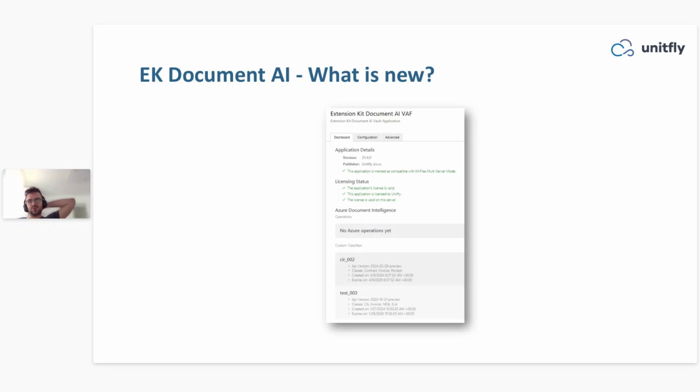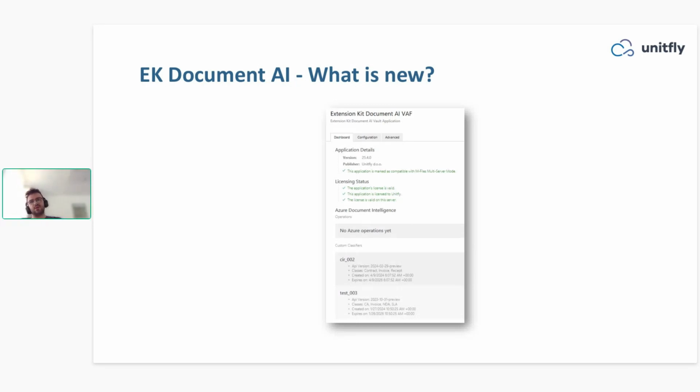For the next version, we are working on making a VAF application that will work similarly to Extension Kit Core, which will allow you to set up rules and background operations for all of your Document AI features. For now, because we have an interactive metadata layer application, you need to click on Analyze on each object and then manually review and set properties.